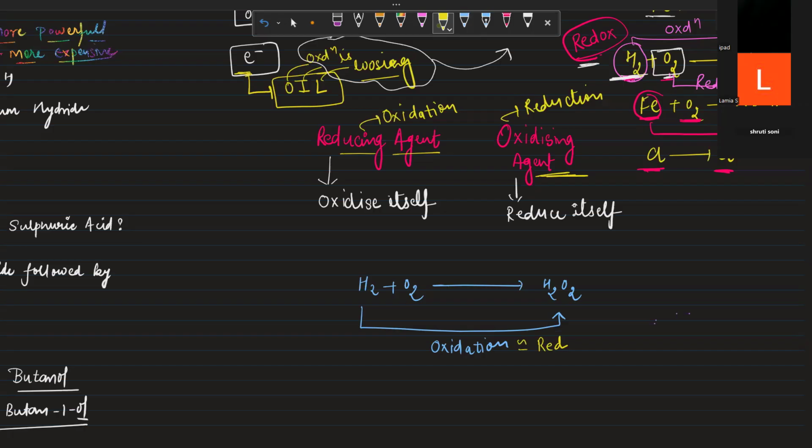And from O2 to H2O2, reduction will take place. Yes or no? So can I say that O2 is working as an oxidizing agent also? Any doubt up to now?